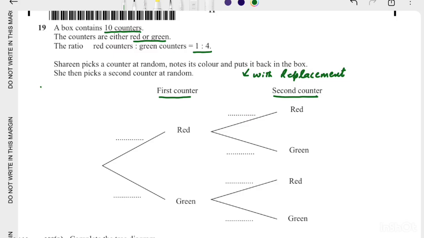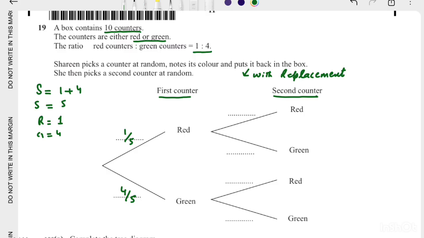So the sum would be equal to 1 plus 4, and the sum would be 5. As the ratio part of red is 1 and the ratio part of green is 4 and the sum is 5, in the first branch we can write 1 by 5, and in the second branch we can write 4 by 5.